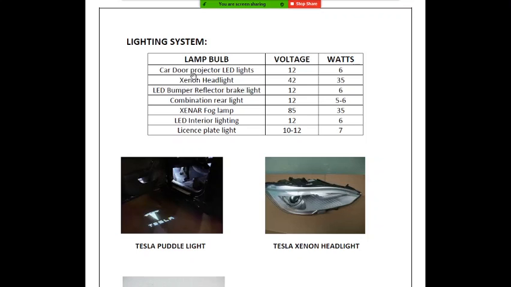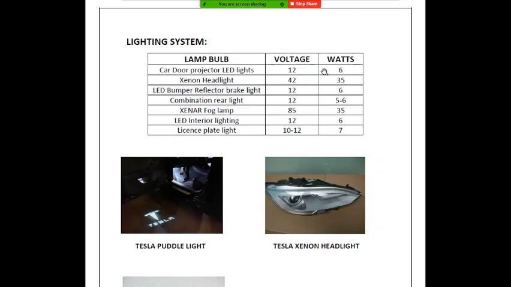If you take the car door projector LED lights, it gets its power from the secondary battery, and its range is around 12 volts and about 6 watts. Xenon headlights basically draw more power. Normally a headlight ranges around 10 to 12 volts, but the xenon headlight voltage range is around 42 volts.